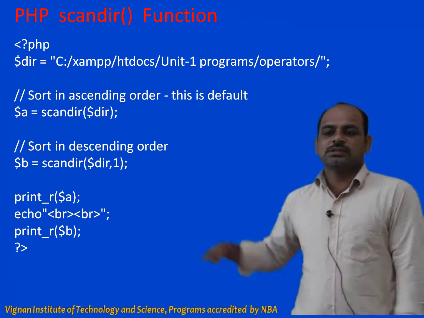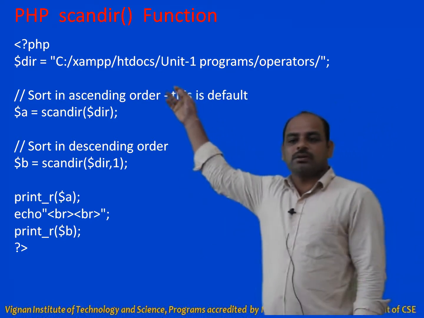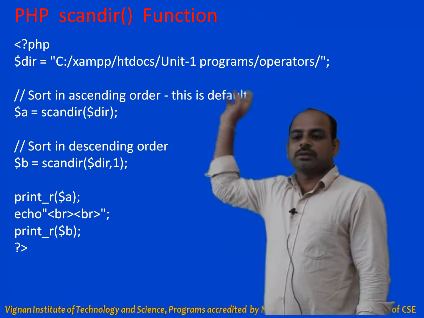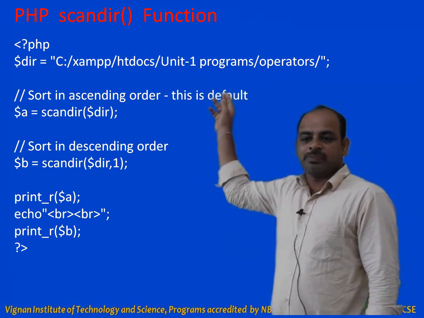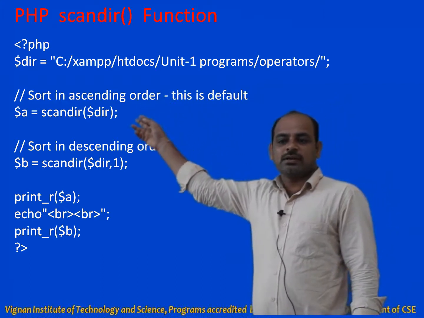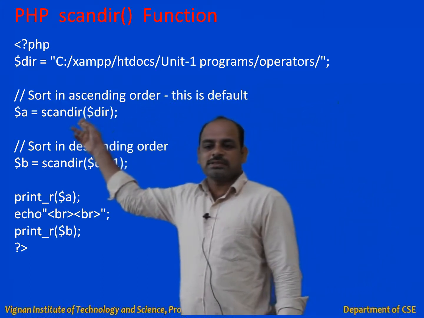So you can see this is the code here. We have started with the directory path. Which directory do you want to open? The directory path to the operators directory, sorted in ascending order here, because we are using scandir.